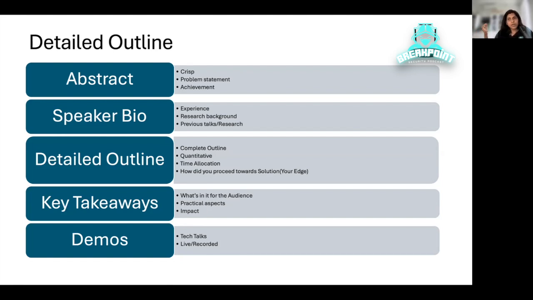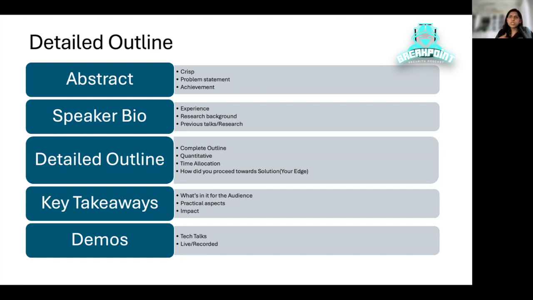In your outline, we discussed in the last part. If you haven't checked that out, definitely go ahead and check out part 1 and part 2. In part 2, I detail how you write the paper and what to structure, how to put things forward. Complete the outline, read it again, make it quantitative as much as possible. Also, many times it helps to have time allocation for yourself.